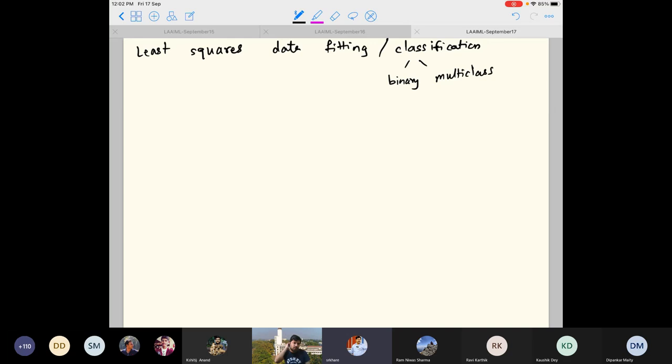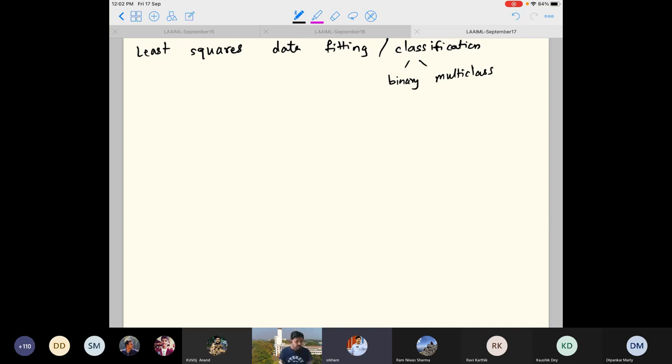So this is something we want to look at. Can we use least squares to do data fitting, classification, binary and multi-class and things like that? It's an application of obviously what we have done so far. So we will see what is going to happen.